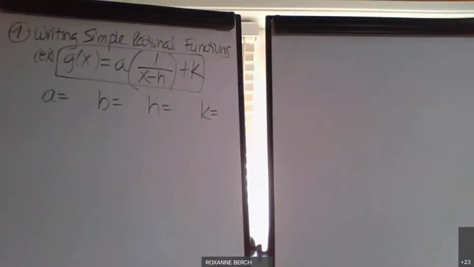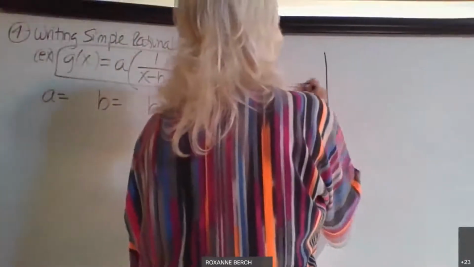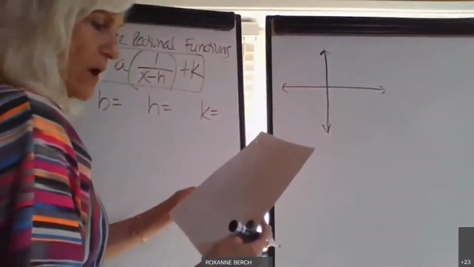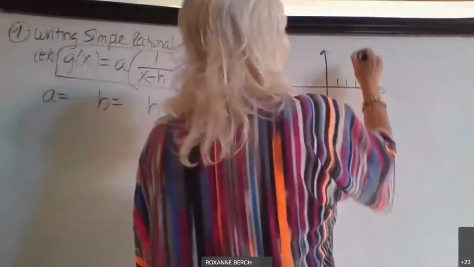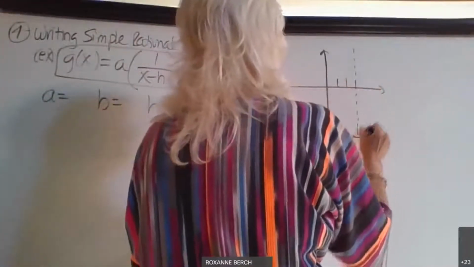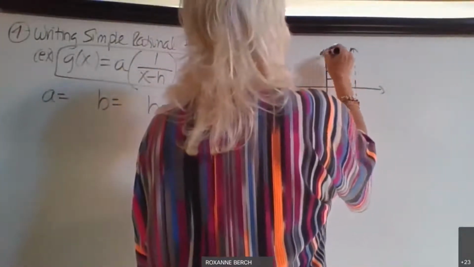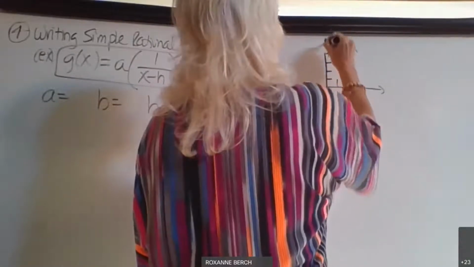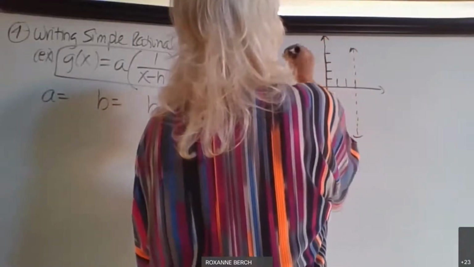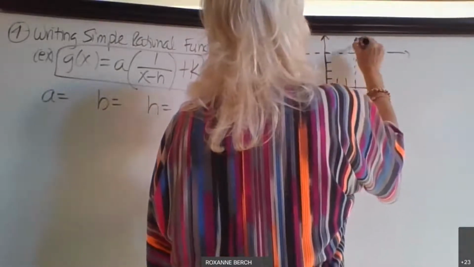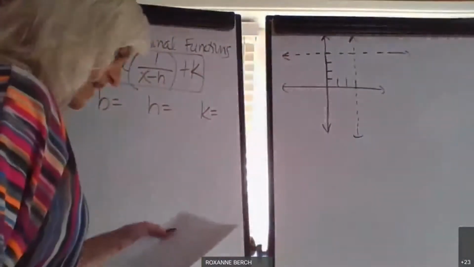All right, here's the graph. So in looking, they're going to give you the graph. They give you an asymptote at x equals 3. They give you an asymptote at y equals 4. And they give you points.